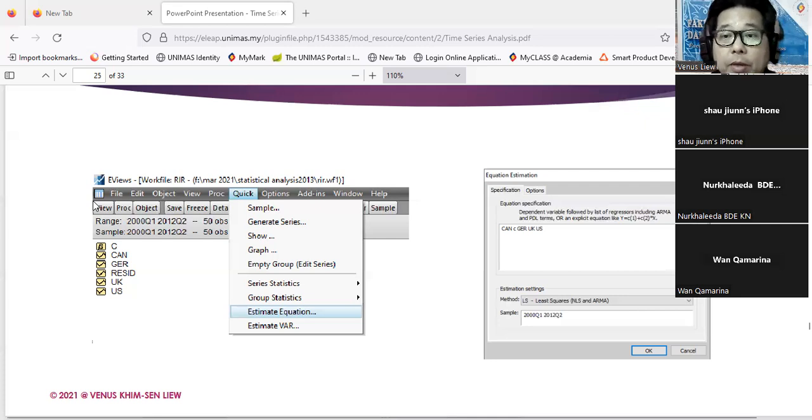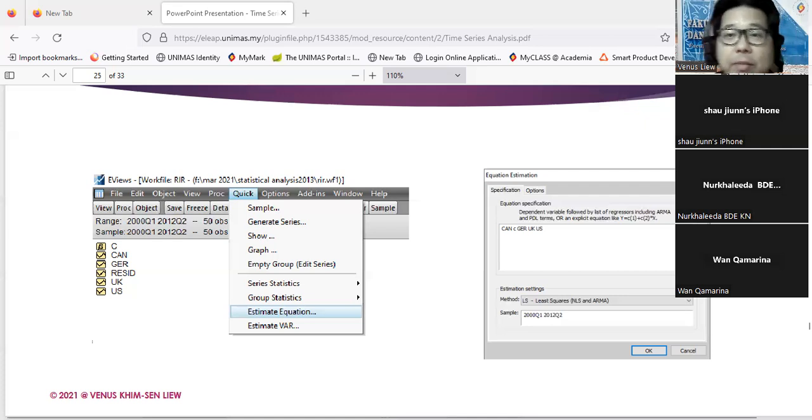The Y variable is in front, like UK, then a space, C. This C is our A just now. C here is the constant, it must be C. Don't type A here. It is fixed; the language understood by EViews is to type C.